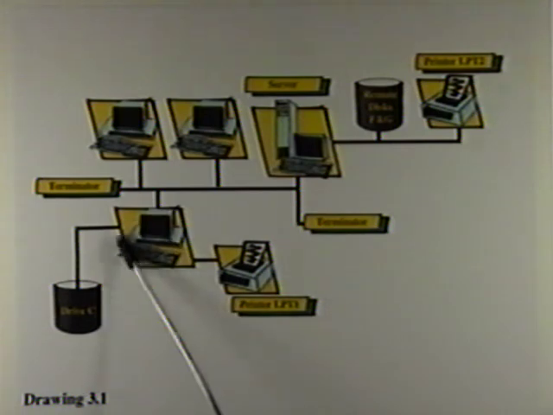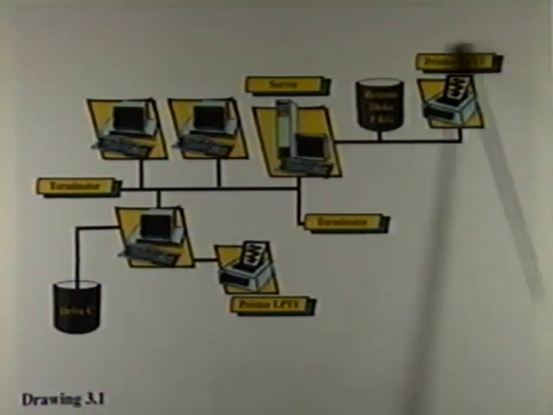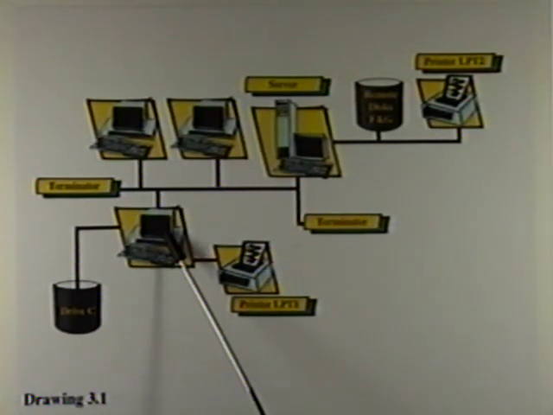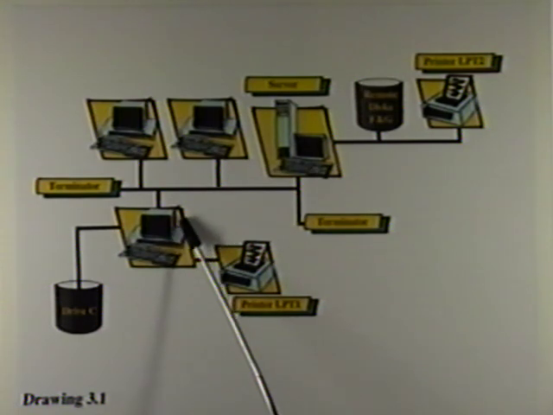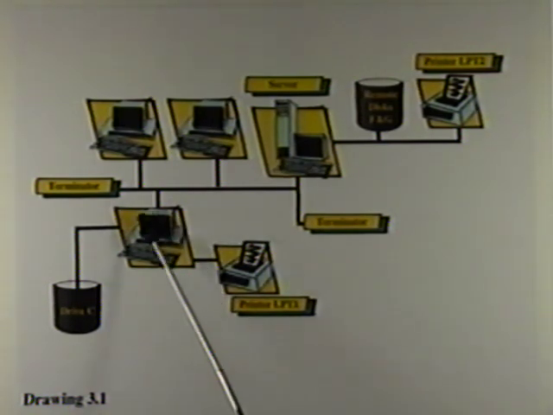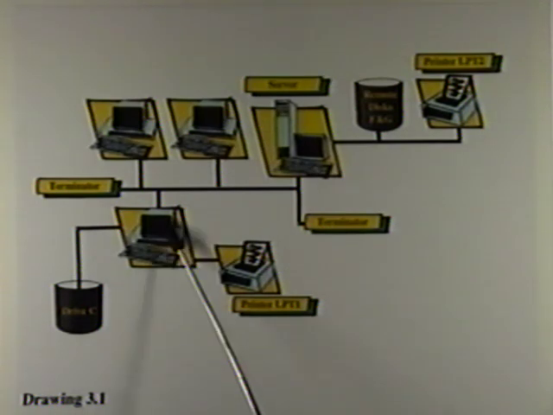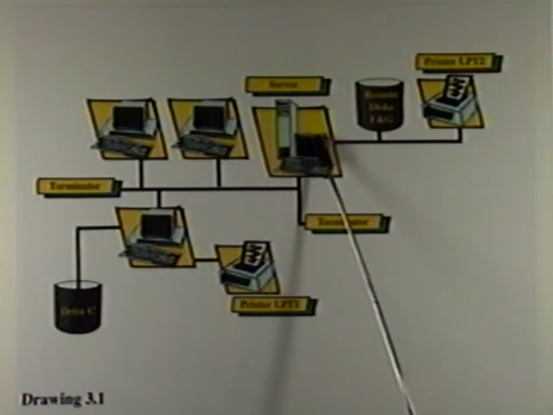As an example, if the user at this workstation wants to print on a high-quality printer, then the workstation software has been set up to say that parallel port 2 actually is a remote printer. Whenever there's a print request to parallel port 2, it grabs that request and the data, puts it onto the local area network, and sends it over to the file server.